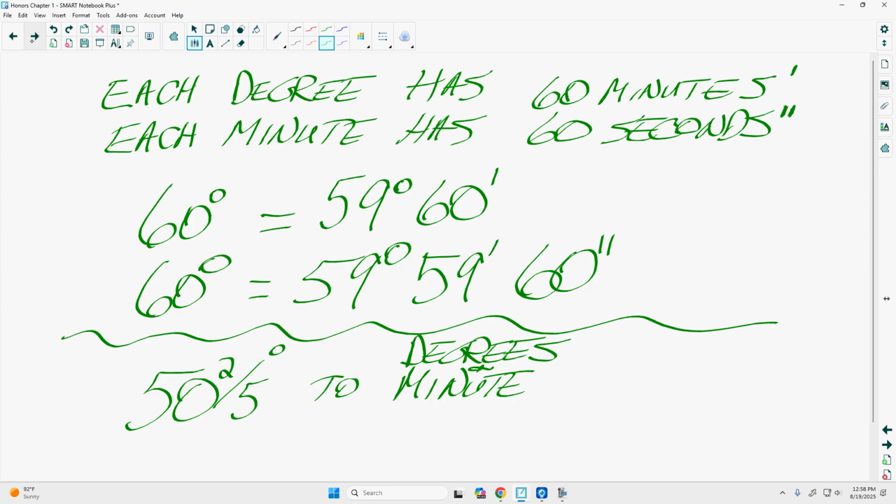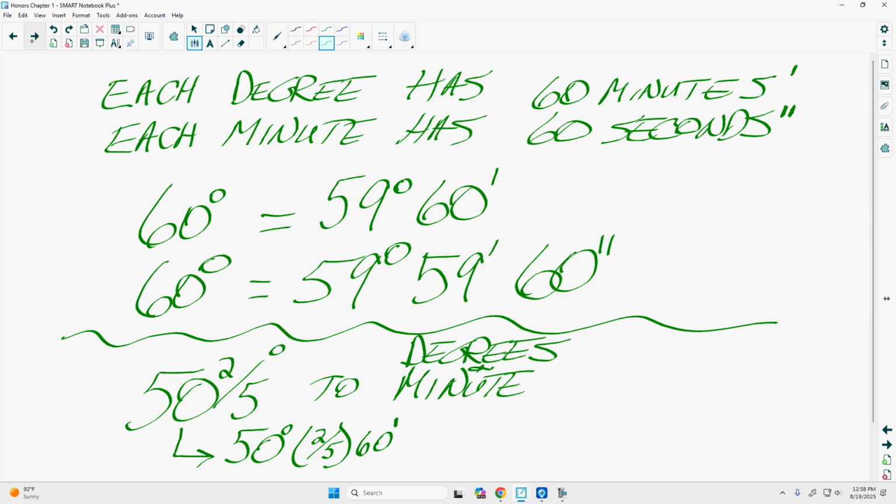So this is going to be 50 degrees, and then I have to multiply 2/5 times 60. What's 2/5 times 60?